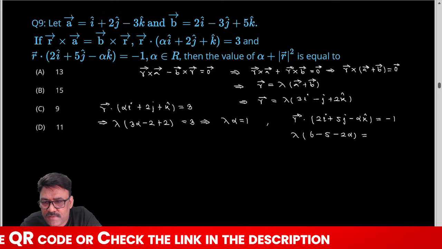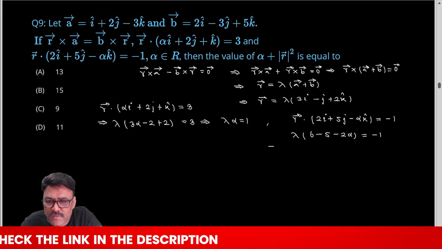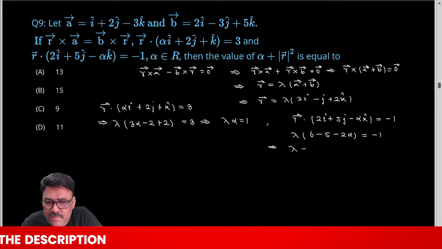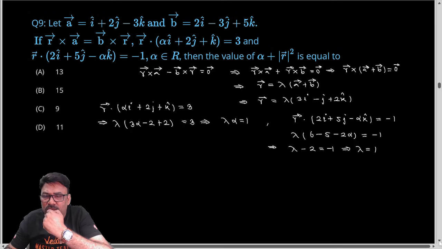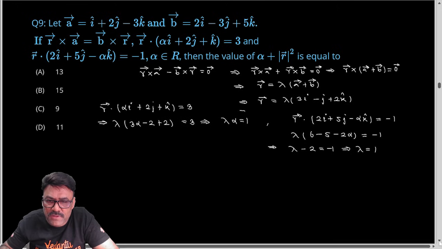It is minus 1. So this gives you lambda minus 2 times lambda alpha, and lambda alpha is 1, so it is minus 1. So you are getting lambda is equal to 1. And when lambda is 1, from here alpha is also 1.